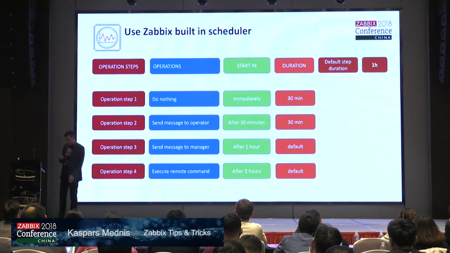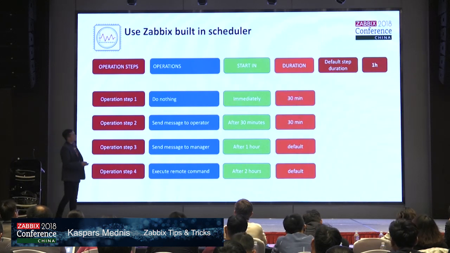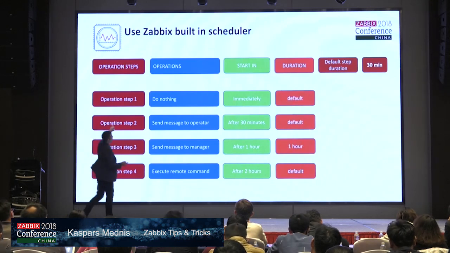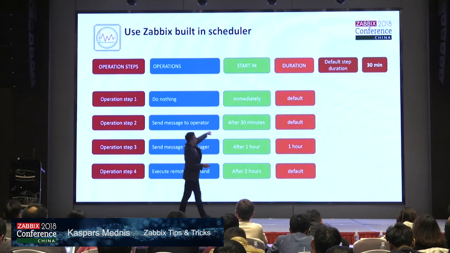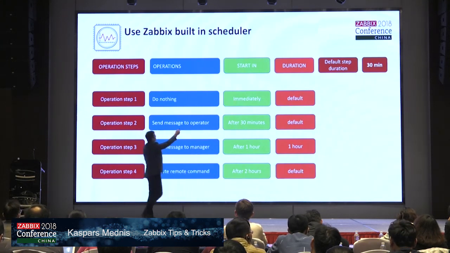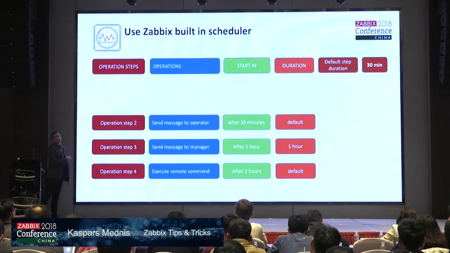This works, but I can just show you another way how to do it. You can change the default 1 hour to 30 minutes, and then here, do nothing for the default interval. And then, if it's default, immediately do nothing, then why do we need this step?